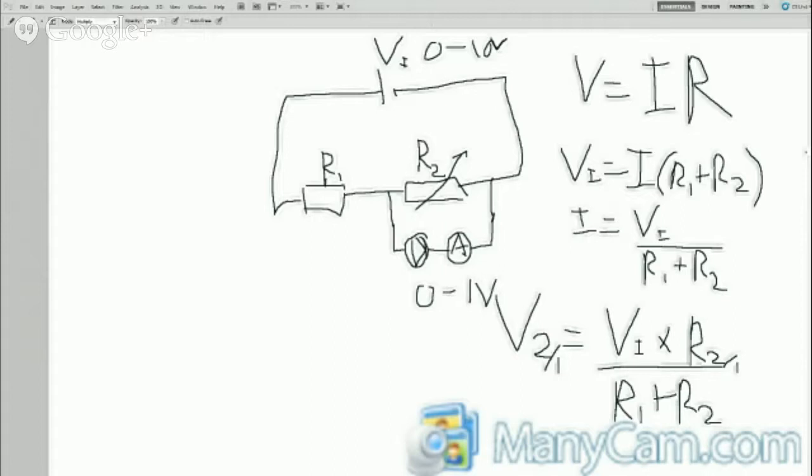So by putting this across a potential divider, if we have say 9 kilo ohms and 1 kilo ohm, then the voltage will divide 9 to 1. So the voltage across this will vary from 0 to 9 volts rather than 0 to 10, and the voltage across this will vary from 0 to 1 volt. So a potential divider can be used to scale down a voltage if this is a fixed resistor, so we can use that to feed into something.